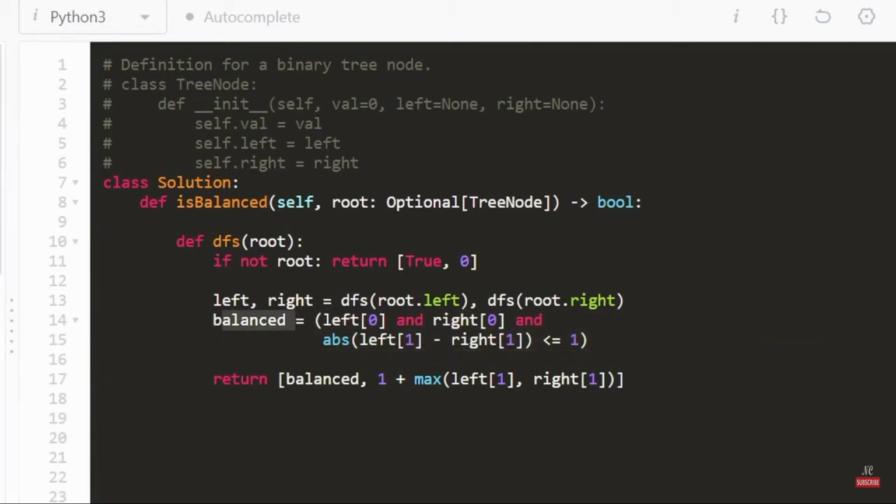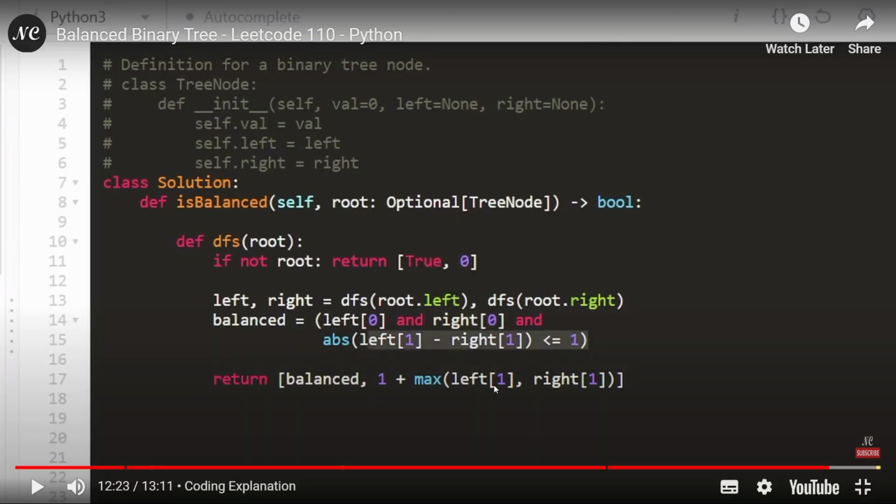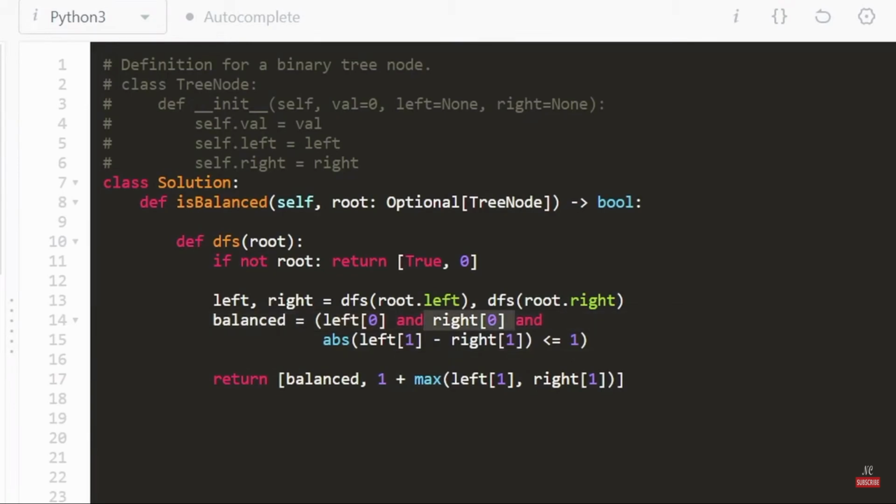Because this balance is only going to be true if the left subtree was balanced and the right subtree was balanced, and from the root, are we balanced, right?